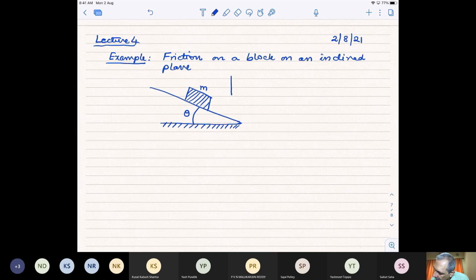And there is a force of gravity which is acting in the downward direction.